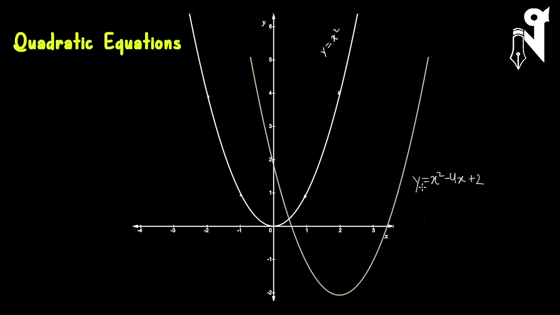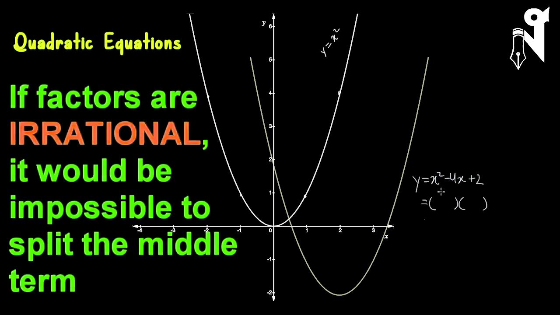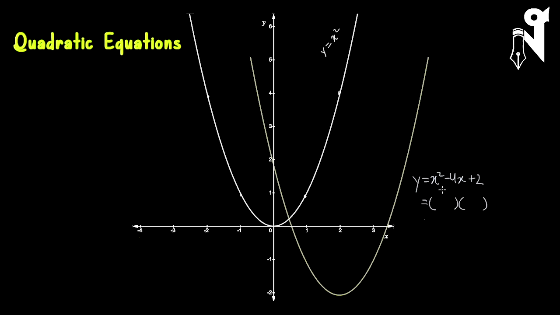And how to get those values? Again, we need to factorize it and get the two linear factors so that we can get the two values. But this time around, the factors won't be pretty numbers like the previous one, and we might not get factors which are rational. So if the factors are irrational, it would be impossible for us to split the middle term and get those factors.